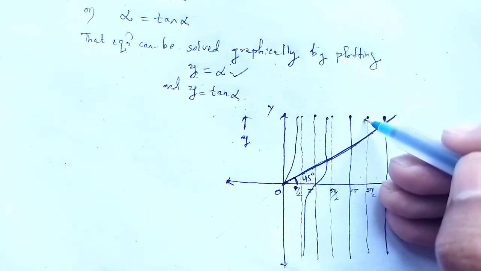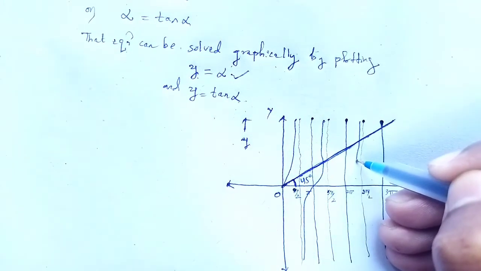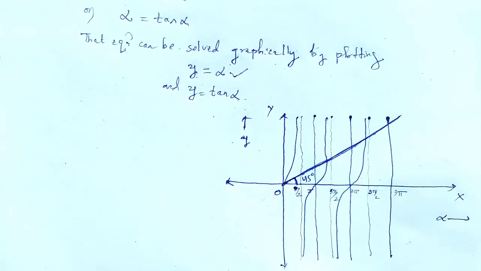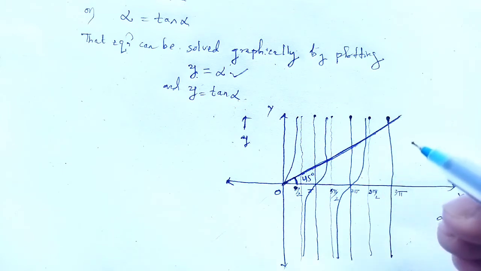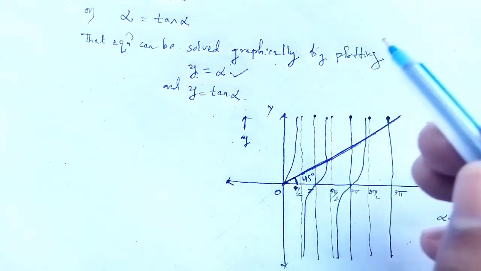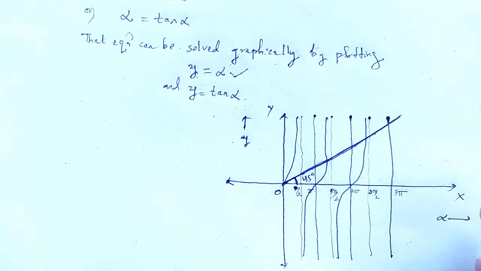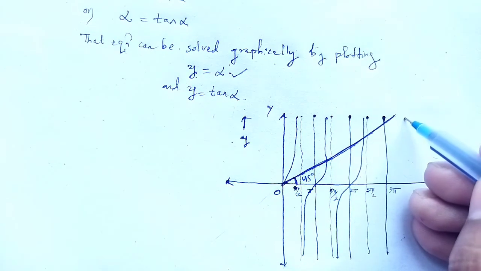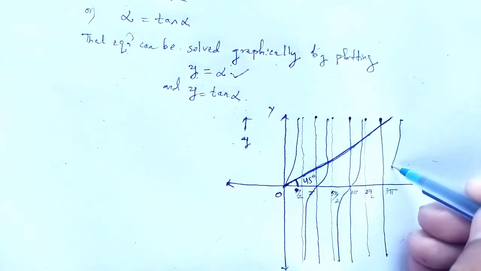This is the graph of the tan function. As we have already discussed in calculus 1 in mathematical physics paper 1, how to plot the graph of the tangent function. Next thing happens here.